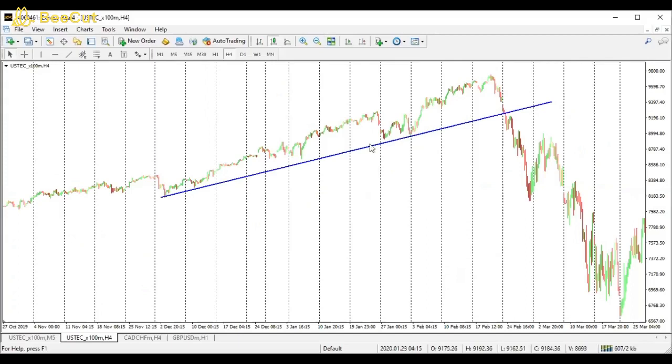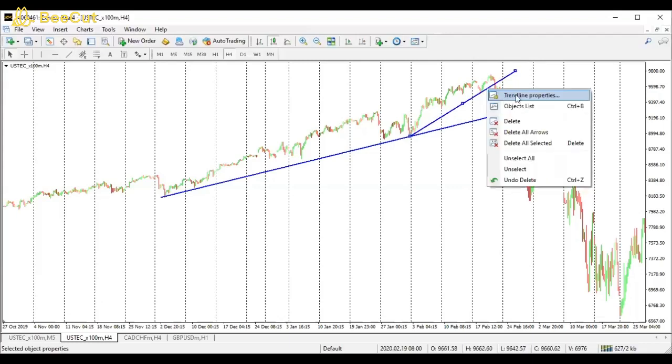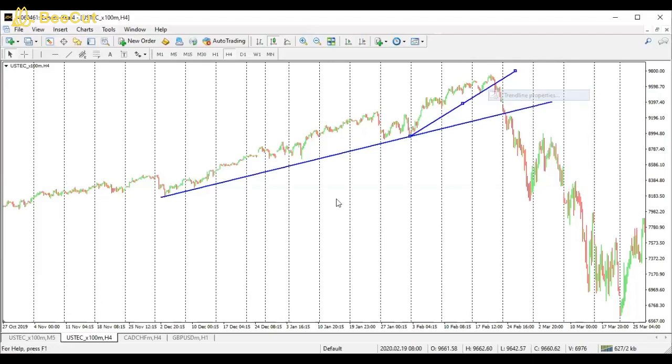Okay, I have spotted where I can draw a trend line. I can start my trend line from down here, the last touch of the D1 trend line, and then move it to that higher low. I'll change this one to red for explanation purposes.